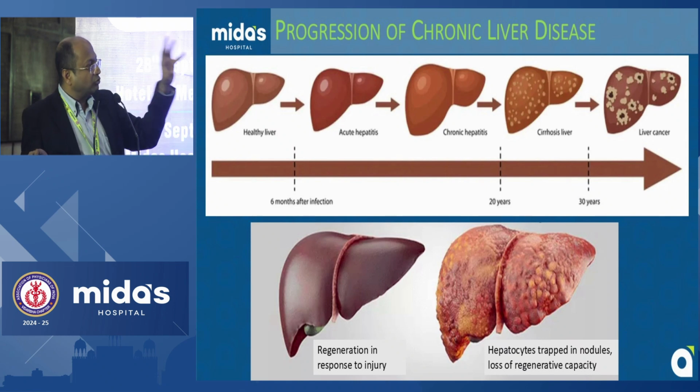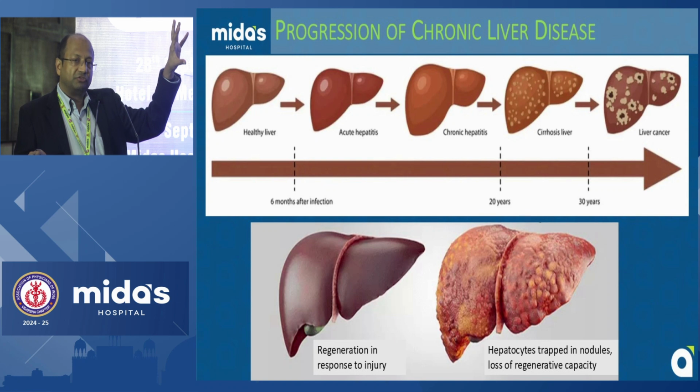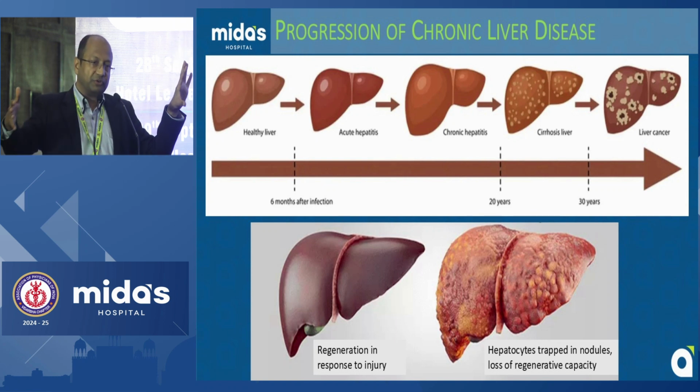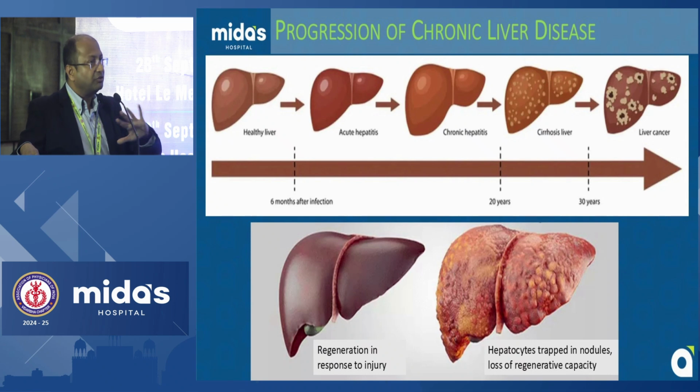Most of these patients will end up in the stage of compensated cirrhosis, without decompensation, and almost none of these patients will require a transplant. Only about 5 to 10% of patients who have cirrhosis actually require a transplant, only the ones who have liver failure, which is liver decompensation. That is because although the liver cells, the hepatocytes, are normal in a patient with cirrhosis, they are entrapped in nodules and are unable to regenerate. And that's why we end up requiring a transplant for these patients, because of failure of regeneration more than anything else.